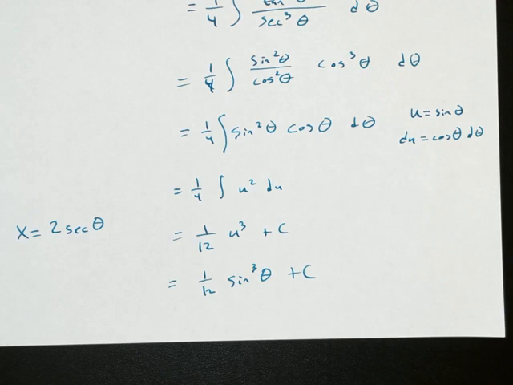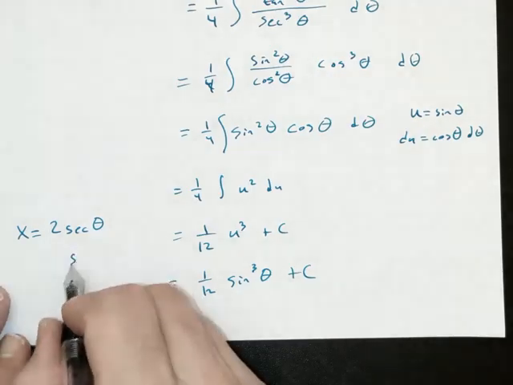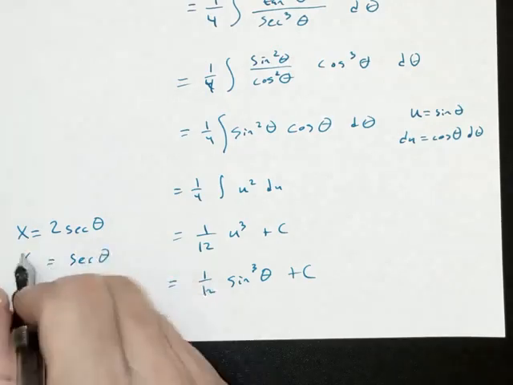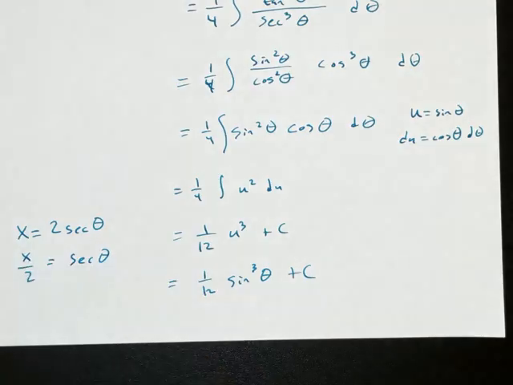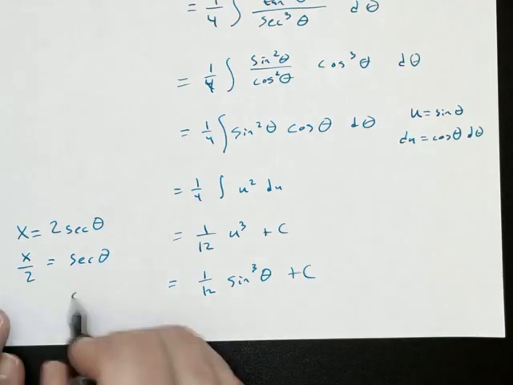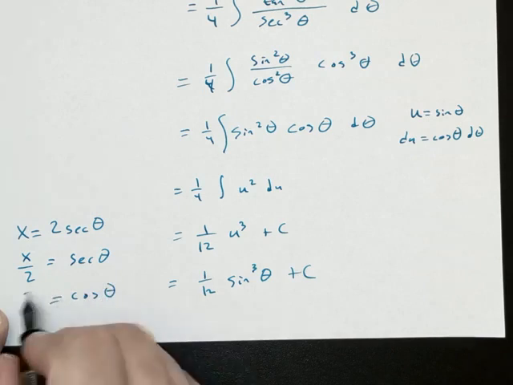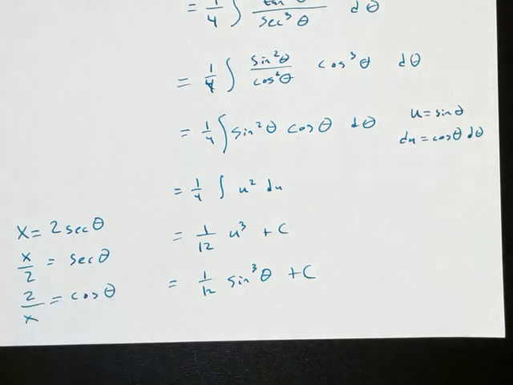To get back to x in the previous problem, the first one, how did we go back from theta to x? Using the inverse. And I had to draw the little triangle to figure out what that inverse was, right? So I go back here and I say, oh, secant theta is x over 2. And Leo just told me that secant was 1 over cosine. So that means the cosine of theta is 2 over x. Now I draw a little triangle.